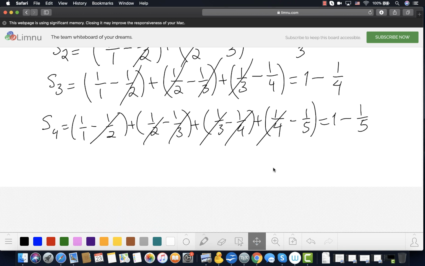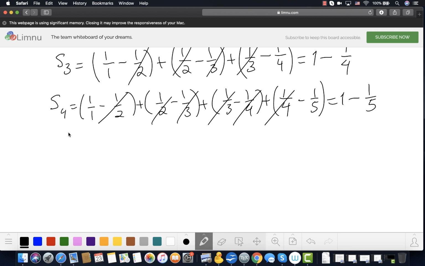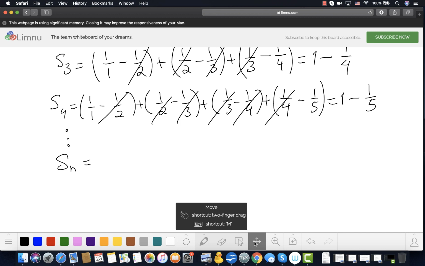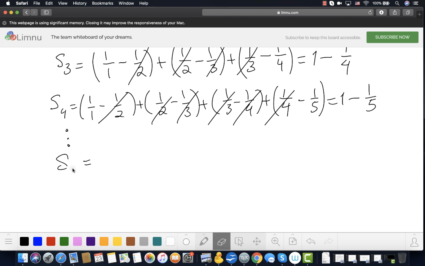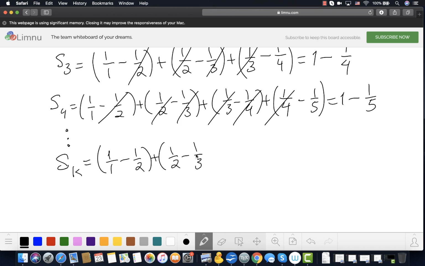Okay, so we see the pattern, right? The pattern is, keep going, the nth term, or let's call it the kth term, maybe, not to be confused. You should also get used to the notation of using other dummy variables. So S sub k is adding up the first k terms of this particular series.